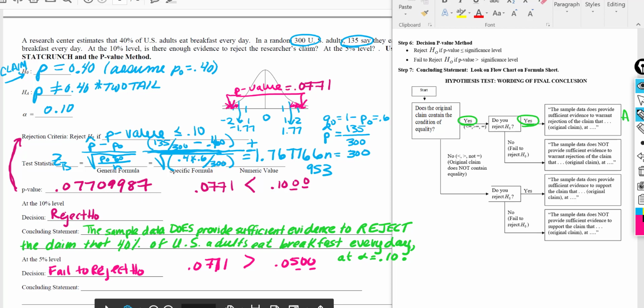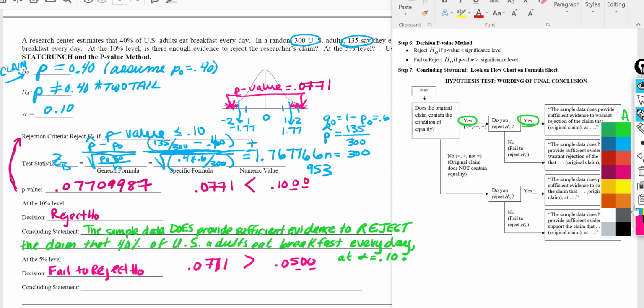So in this case, let me try and do a different color here. Okay, the claim contained equality, yes. Did we reject the null? No, we failed to reject the null.